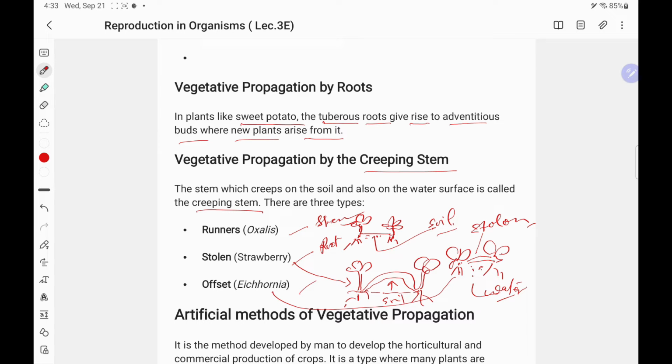That is called offset eichhornia, and then it propagates the next one again like this.